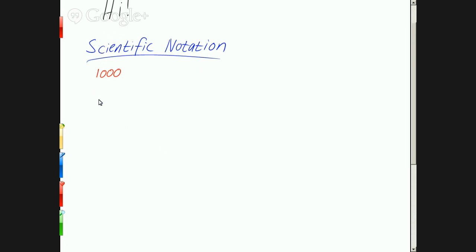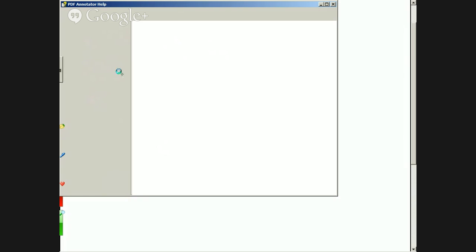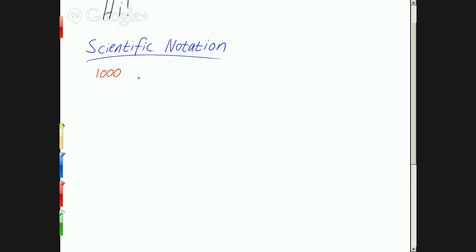So how would we convert 1,000 into scientific notation? Anybody know? Have you done this before? Yeah, you move the zeros around. So what we do is we take the decimal place where it is right now, which is right there, and we move it over to the left until there's only one number left on the left.